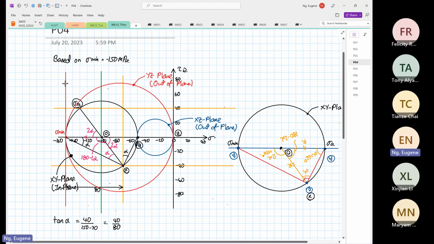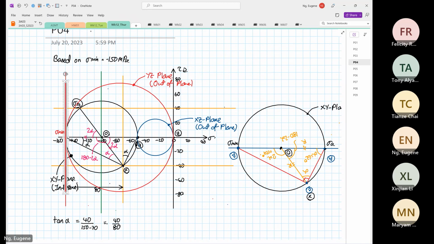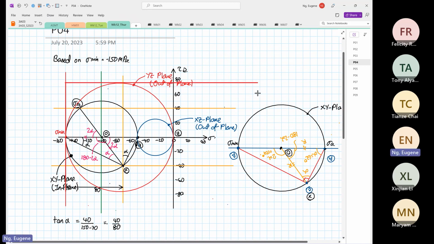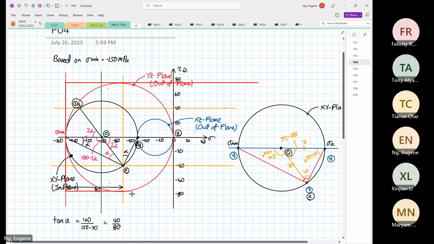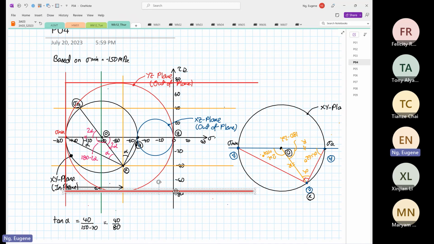So we know that the limits, and then there's a, okay, so this is the limits. So it's not going outside the limits for all the 3 circles, as you can see, right? So this is another possible solution.